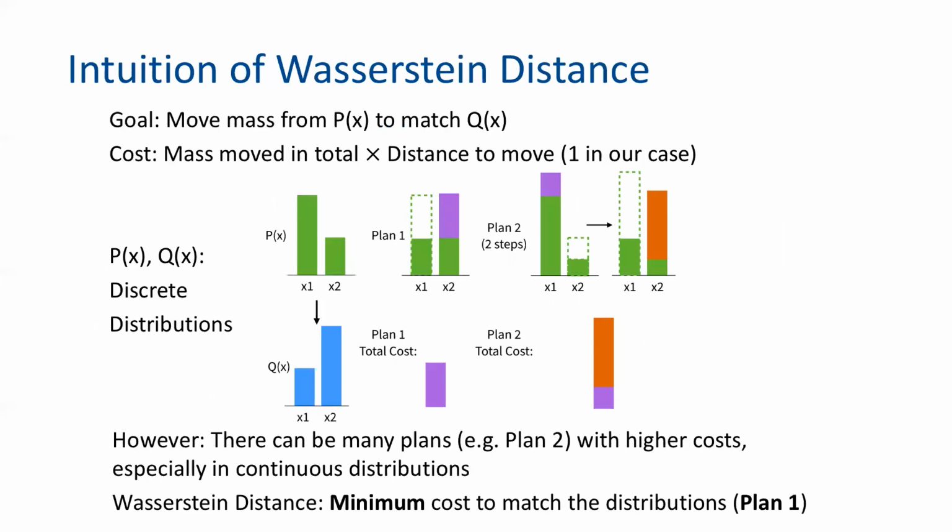So we have two distributions. They're going to be the real and synthetic image distributions, and we want to compute how similar or different they are in terms of the effort to move mass, if you like, probability mass, from one to the other.